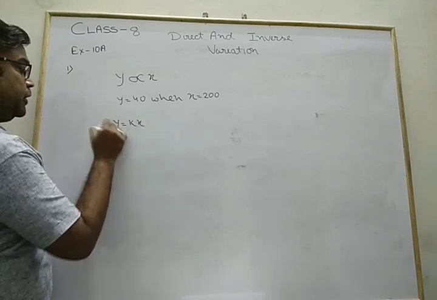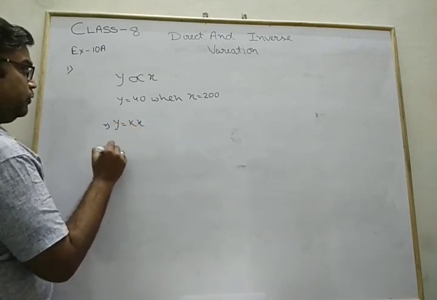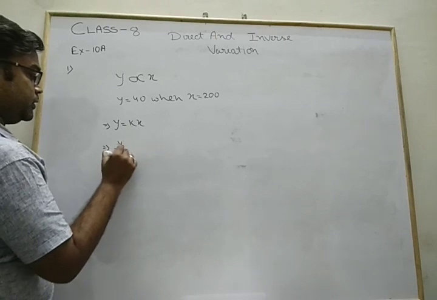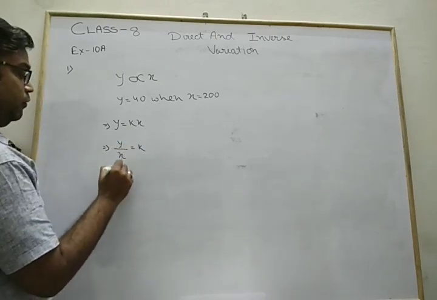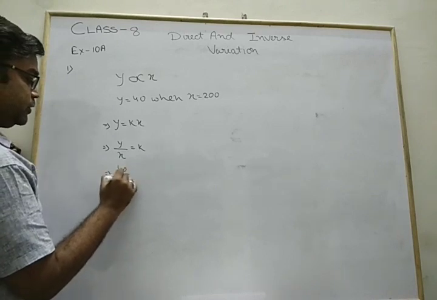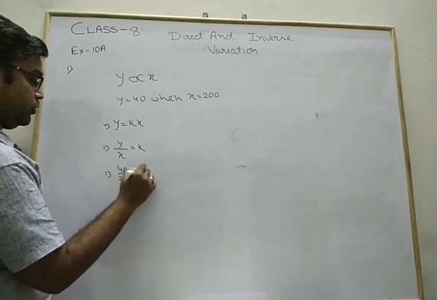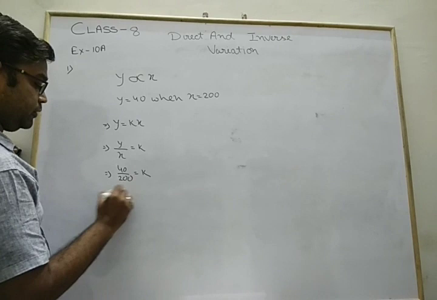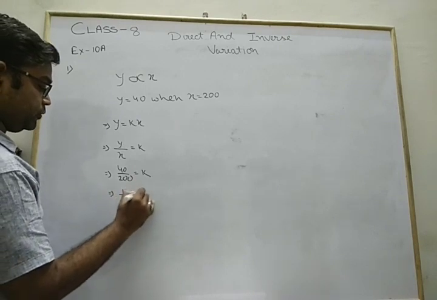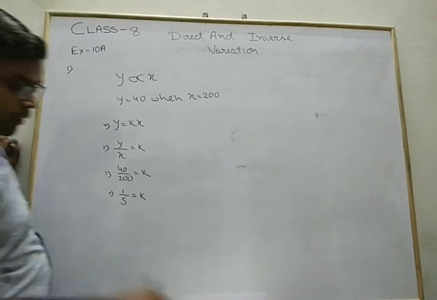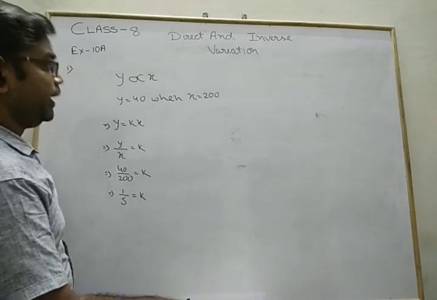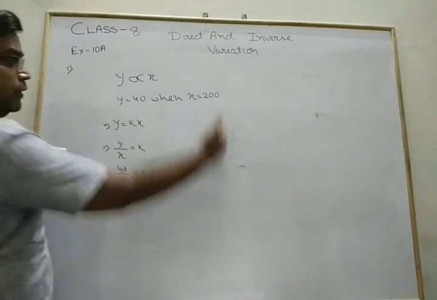Now we can say y upon x equals k. Place the value of y as 40 and x as 200. So the constant k is 1 upon 5. This is your constant. Now it says find the value of y when x is 15. I am solving this side.